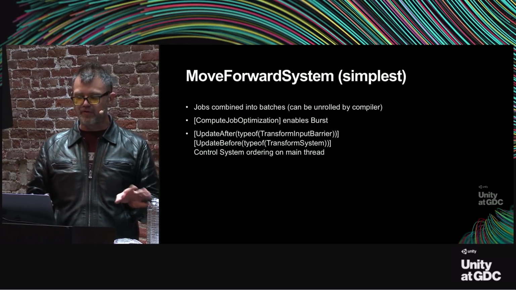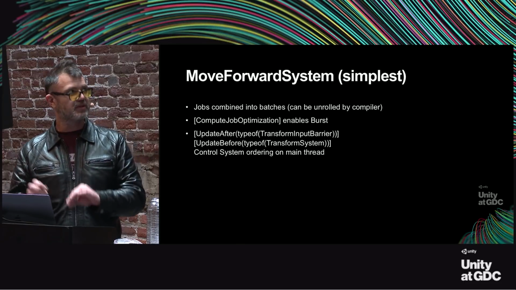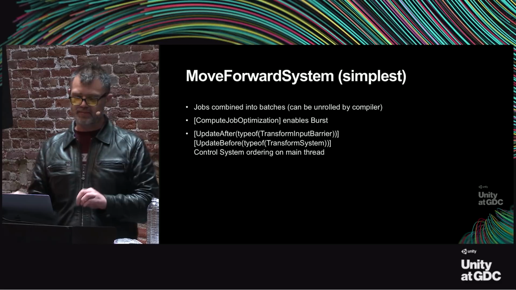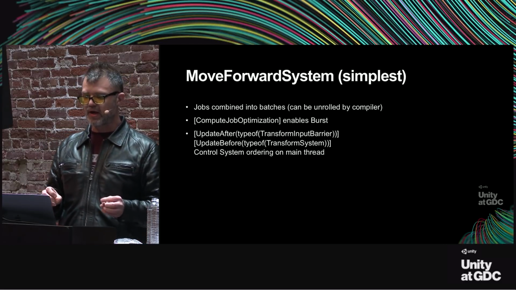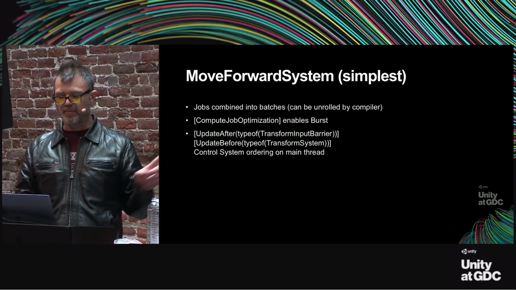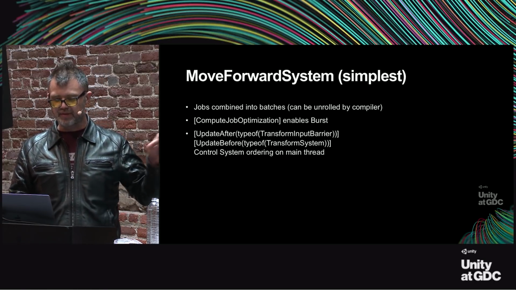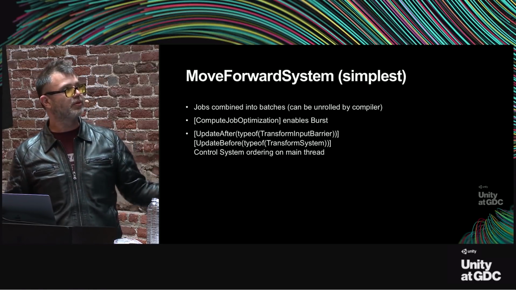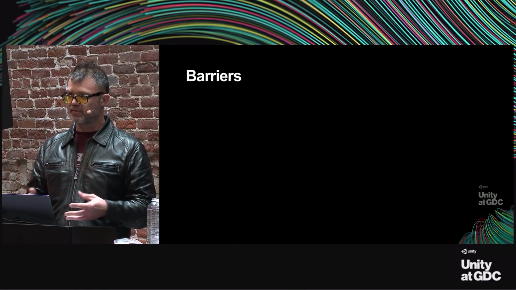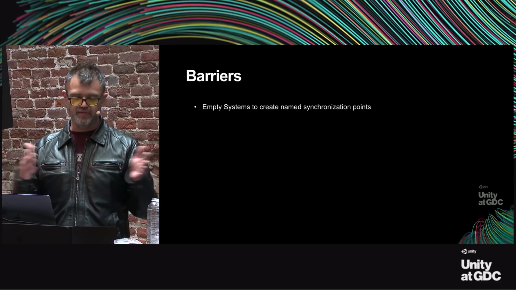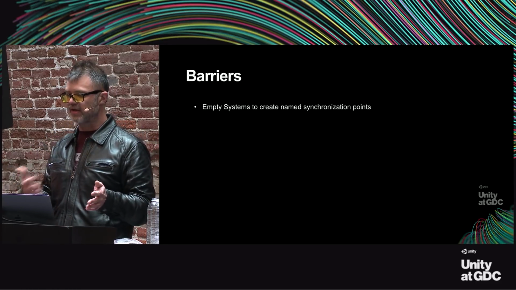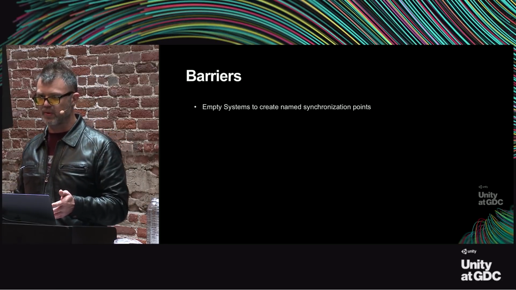I'll also point out in the MoveForward system example specifically that it uses these two attributes, update after and update before, and these allow you to control system ordering on the main thread. And I'll specifically call out the update after transform input barrier because we have a concept of barriers, which are essentially just, for all intents and purposes, empty systems on the main thread that allow you to create named synchronization points.